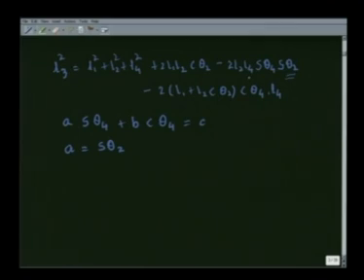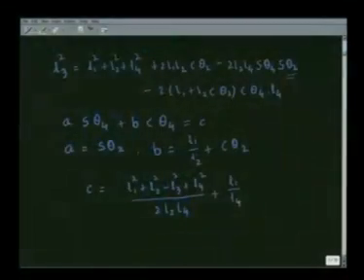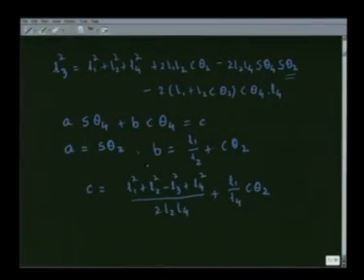From this term, B will be L1 by L2 plus cosine theta 2, and C is L1 squared plus L2 squared minus L3 squared plus L4 squared divided by twice L2 L4 plus L1 by L4 cosine theta 2. So we see, if theta 2 and all the link lengths are given, these quantities, namely A, B and C, are completely known, and the only unknown is theta 4, which has to be solved.